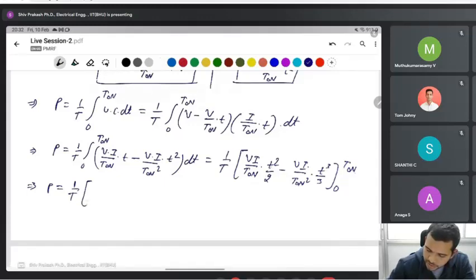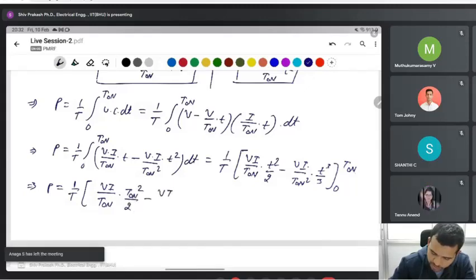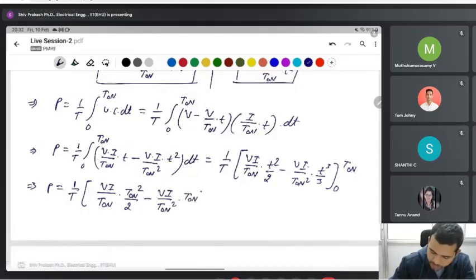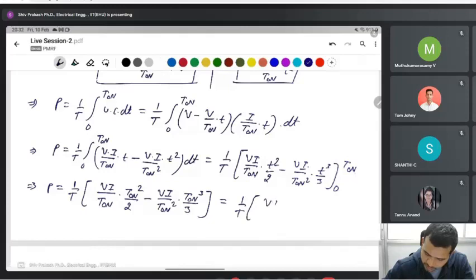Put the value of t as T on, and V I divided by T on into T on square divided by 2. Putting the value of 0, t is 0, then all of it is 0. Then 1 by T, V I by 2 into T on minus V I by 3 into T on.